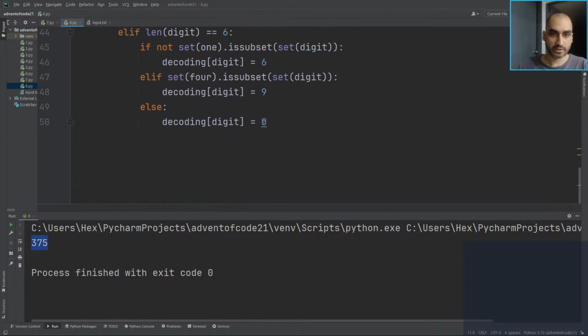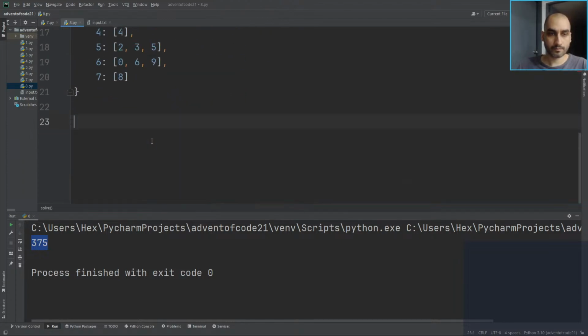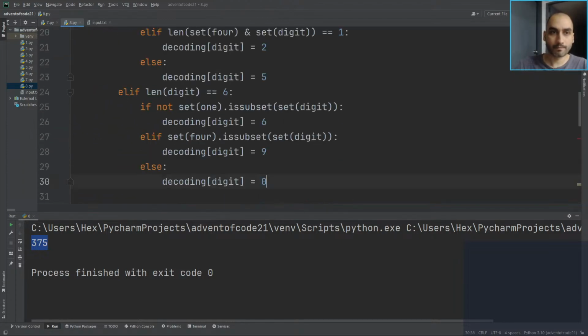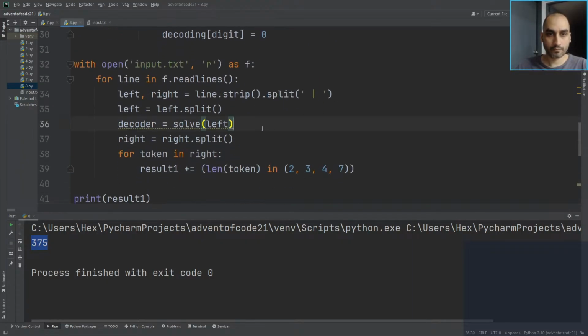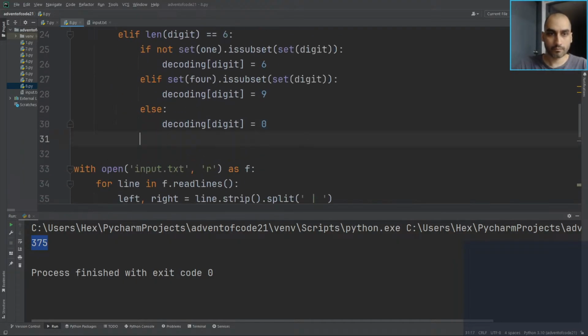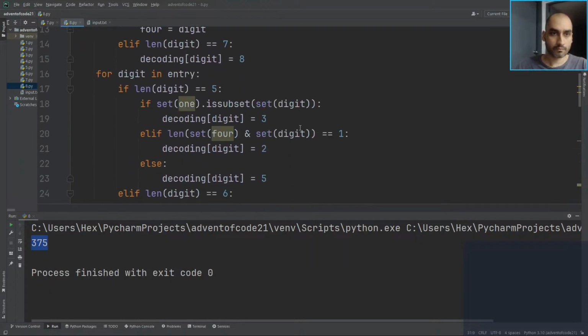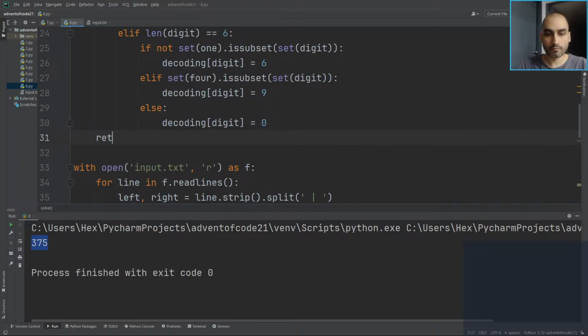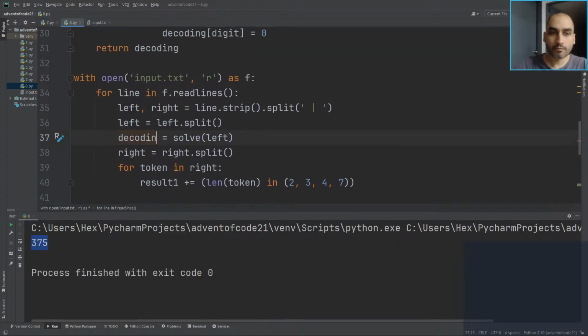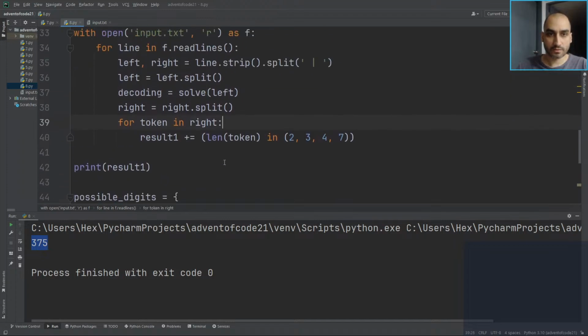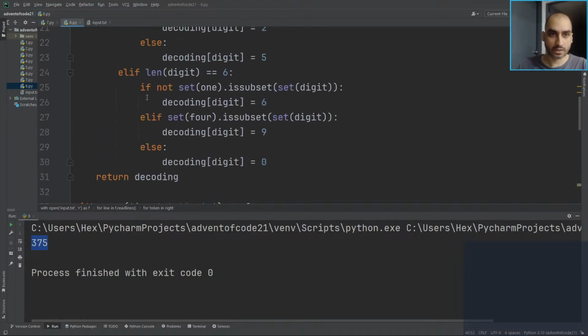This has to be defined beforehand. Token and write result 1 plus equal that.